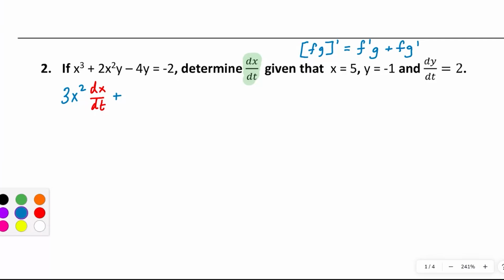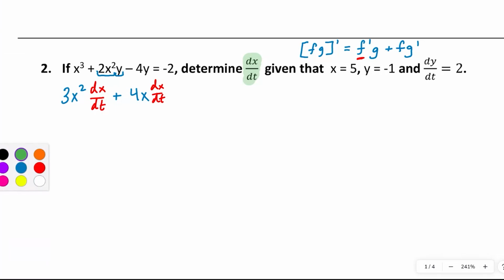So for this term right here, this 2x squared times y, what I'm going to use for f is the 2x squared, and the second function is y. All right, so I'm just going to go through the product rule here. So f prime g, the derivative of 2x squared would be 4x dx dt. So that's just this piece. Maybe I should highlight that just to be very clear here.